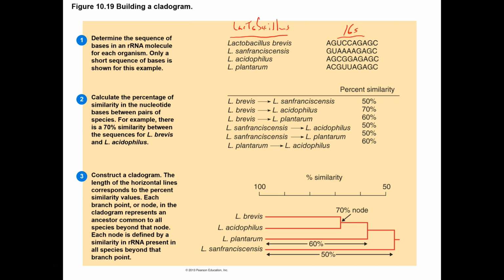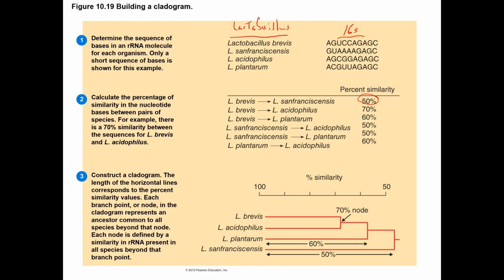So you take these 4 16S sequences and you start comparing. You want to figure out similarity. So, go down, you can see how similar or different they are. So, we've got, say, Lactobacillus brevis compared to Lactobacillus sanfranciscensis. They only have a 50% similarity.